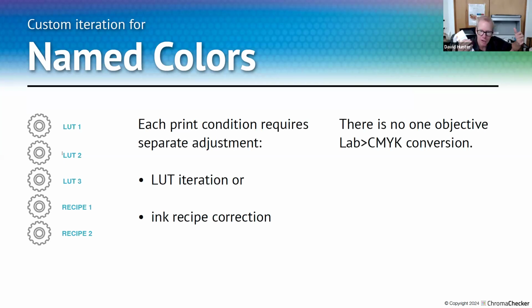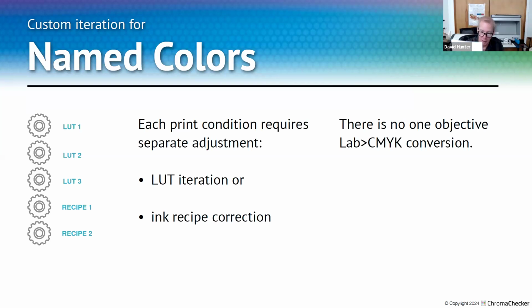So you can see and have your expectations set right away that if you've got, let's say, a super vibrant color palette, maybe 10 colors, all 10 colors could be theoretically outside the gamut of that printer. Now, ChromaChecker will iterate to the closest delta E possible, but that closest delta E might be a 5 or an 8 or something like that, which, what is a 5 or an 8?